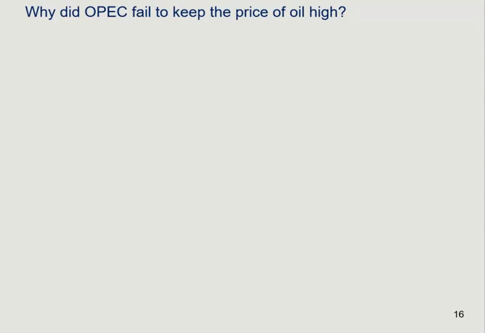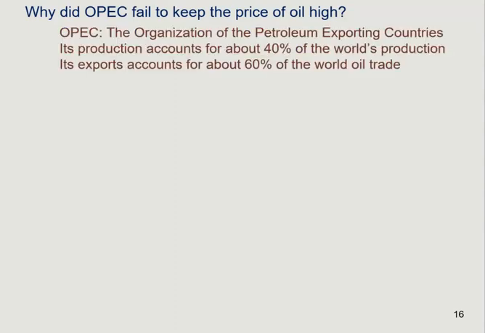Why did OPEC fail to keep the price of oil high? First of all, we need to understand what OPEC is. OPEC stands for the Organization of the Petroleum Exporting Countries. It's a group of countries that produce a lot of oil and export it.